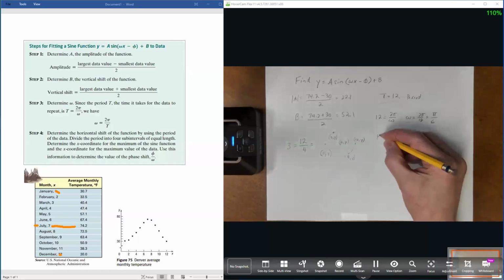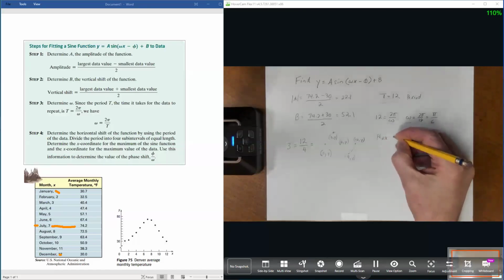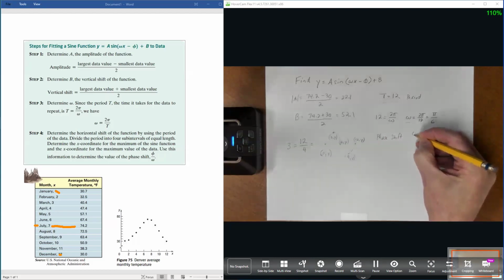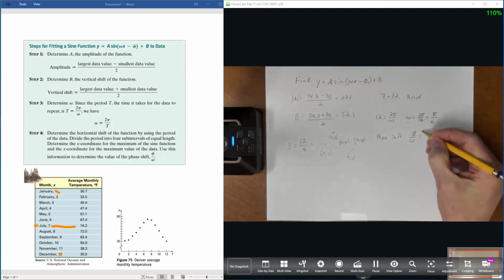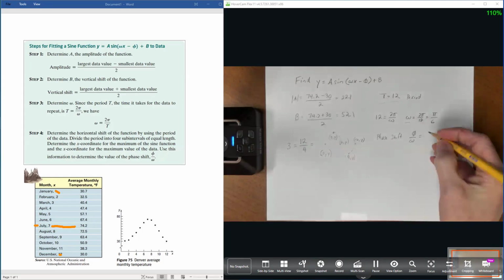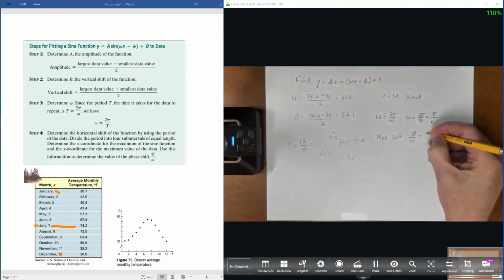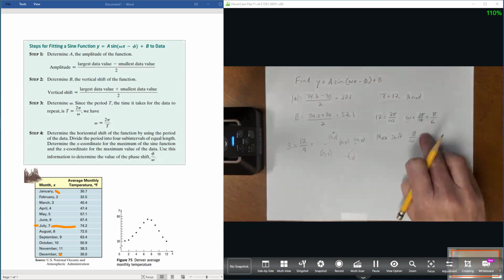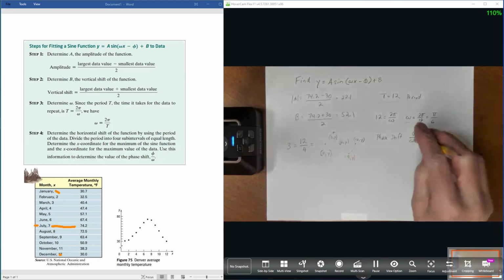Since our phase shift is described by B over omega, we know that that has to equal 4 in order to get the old max of 3 shifted to where the max belongs at the 7th month. So we know that equals 4. And we've already got omega, so I can plug in a pi over 6 here.